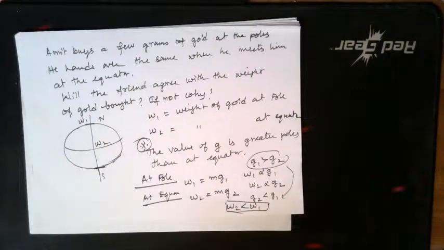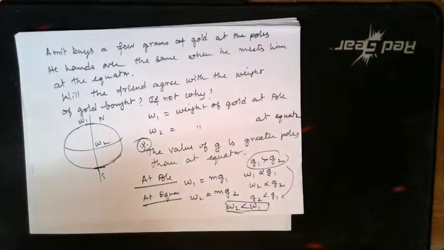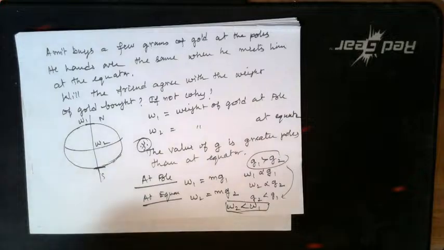So the gold at the equator definitely weighs less than at the poles. Are you able to follow? So naturally Amit's friend will not agree with that, because there is a weight variation, right? I hope this concept is very, very important, and you have to go through this in detail.